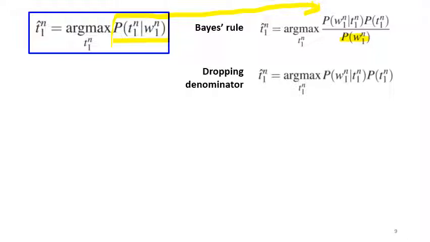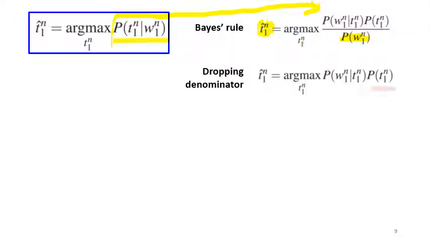So it does not depend on our task here of finding the tags. Whatever tag you give to each word, the probability of the sequence of words is still the same. For Janet will back the bill, the probability of that word sequence is still like that, regardless of your saying that Janet is a noun or a verb or an adjective. For that reason, we drop the denominator.